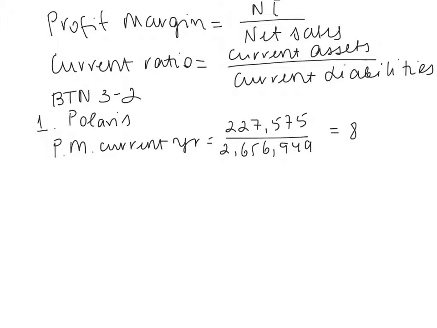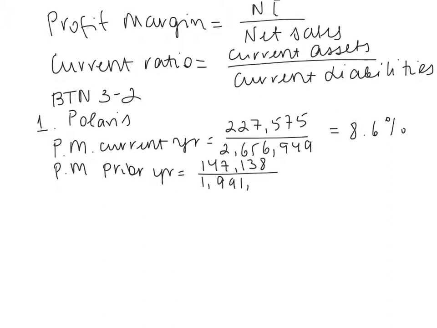This gives us a profit margin of 8.6%. The profit margin for prior year for Polaris is determined by taking $147,138 in net income and dividing it by 1,991,139 in net sales, and that gives us 7.4%.